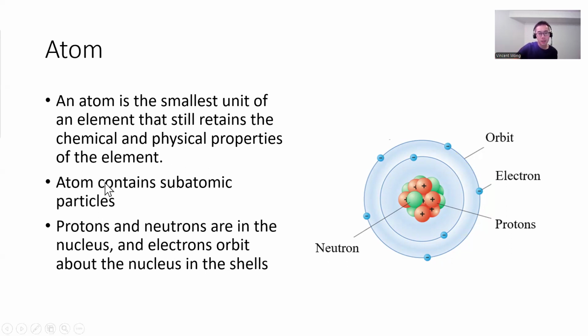So atoms consist of subatomic particles. Okay? In the center of an atom, we have the nucleus. Okay? And in the nucleus, there are protons and neutrons. Protons are positively charged and neutrons are no charge. And kind of whizzing around the nucleus, going around in circles around the nucleus, are these electrons, which are negatively charged.